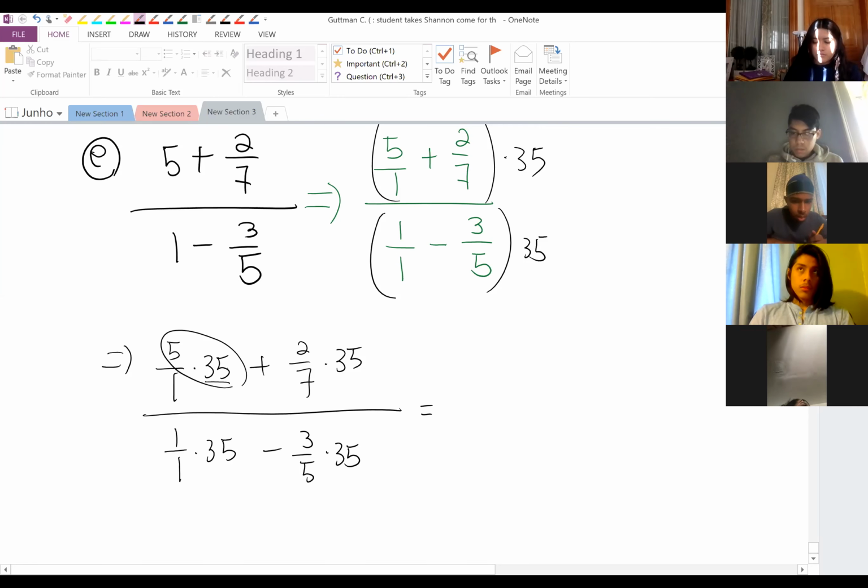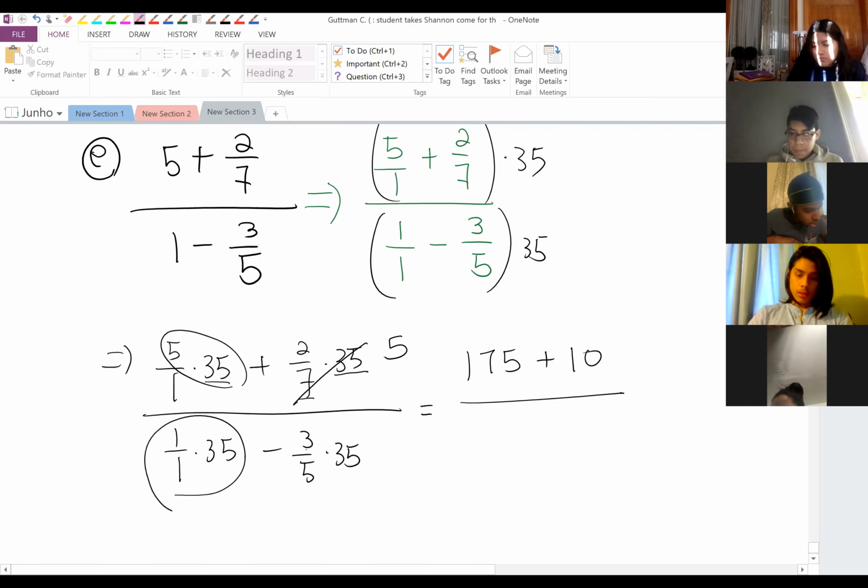If you do it, what do you get? 175. So 175 plus 35 divided by 7 is 5, so 5 times 2 becomes 10. And then 35 divided by 5 is 7, 7 times 3 is 21.